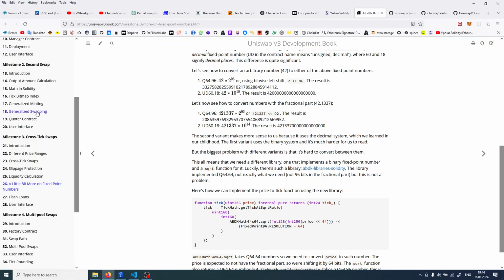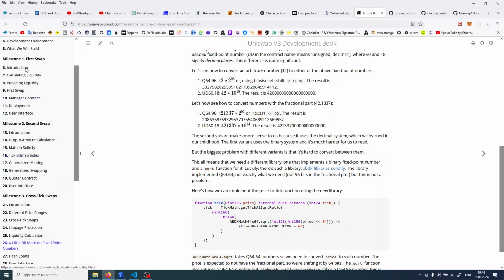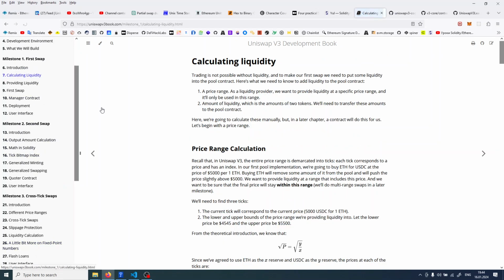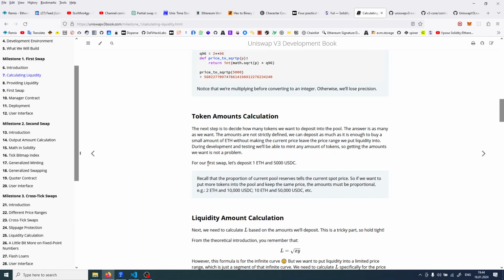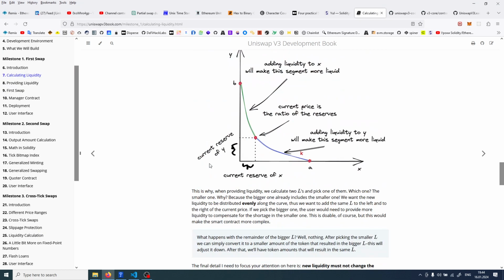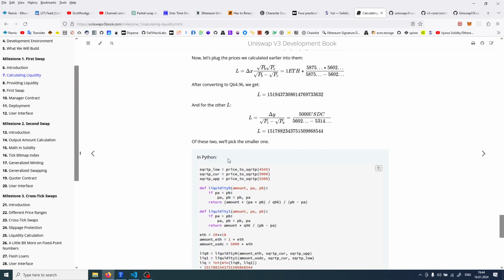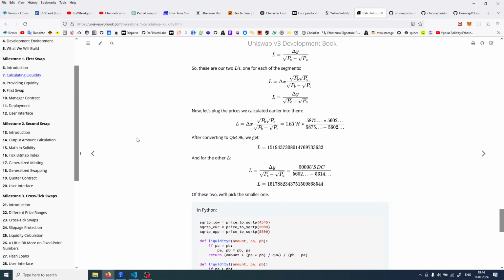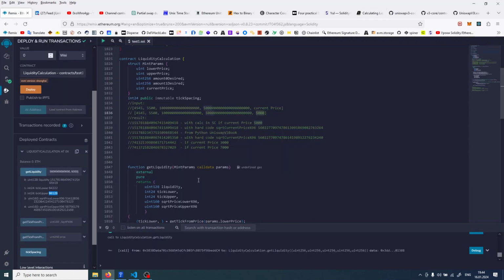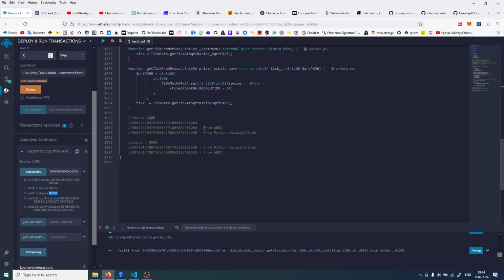It's similar to the information from the first milestone, but we have some difference in square root price calculations.